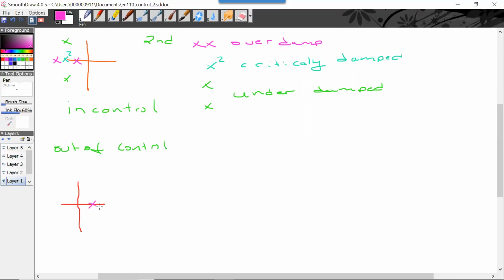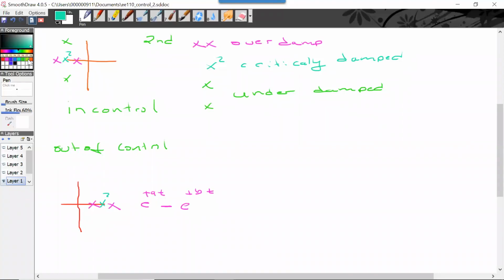So I can have two poles on the right-hand side, and all that means is I have something proportional to exponential increases. Now one might be subtracted from the other, but one of these is going to dominate, and it's just going to increase, either positively or negatively. I can have repeated poles, but it's just going to increase exponentially.